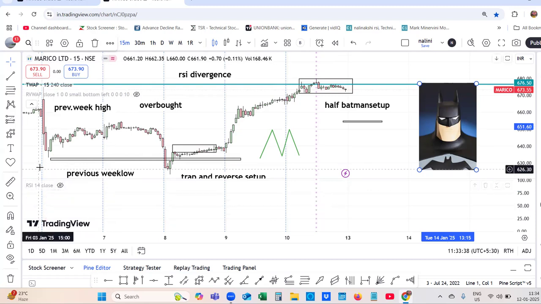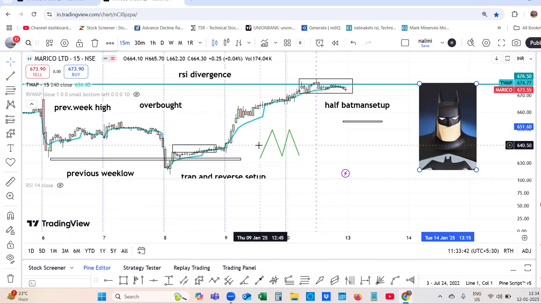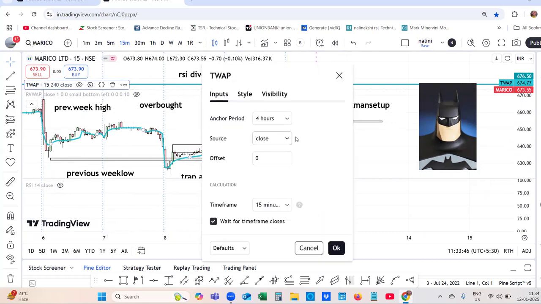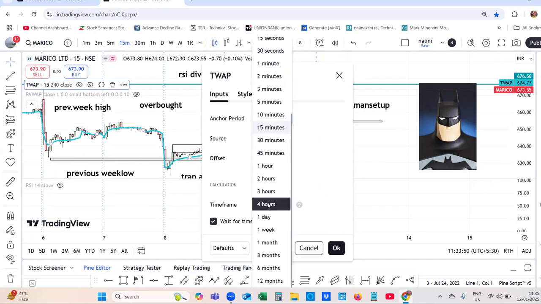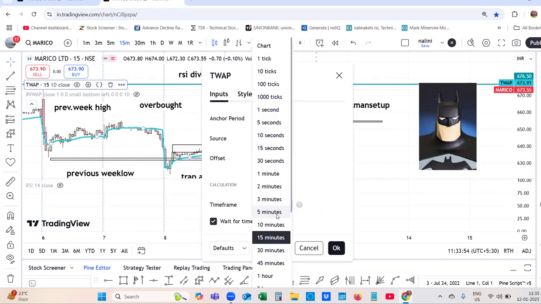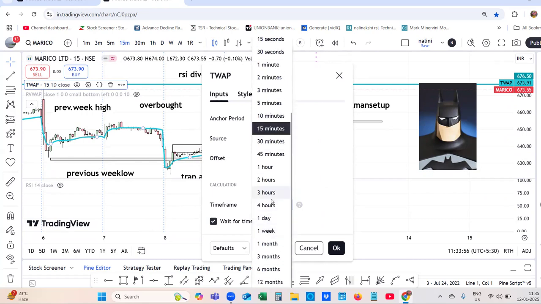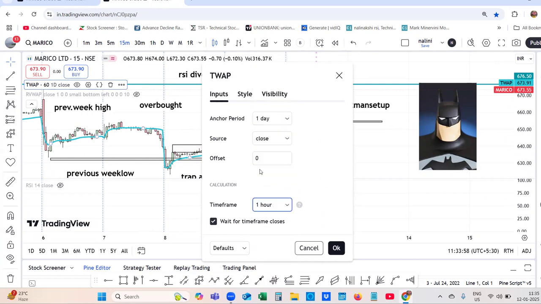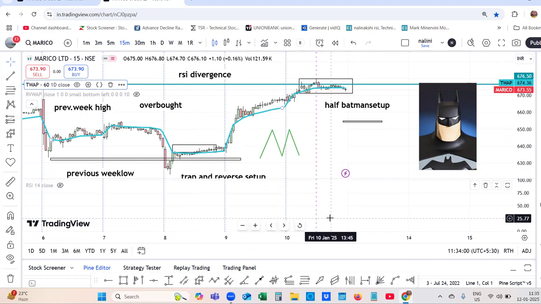Okay. Let me enable the time-wise weighted average price, and let me tweak it to daily and set up to hourly. Not this actually.